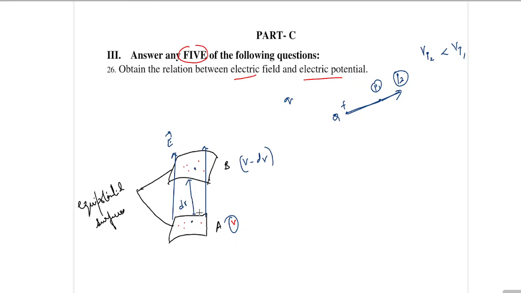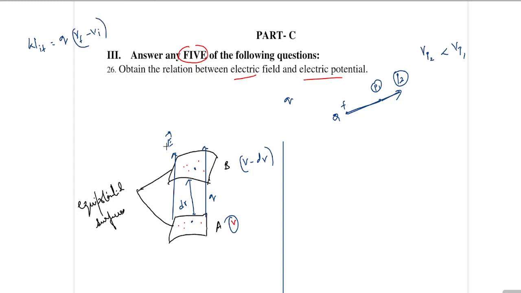Let us assume that we move a small charge Q from a point on surface A to a point on surface B. The general formula is that the work done to move a charge from an initial point to a final point is the charge moved into V final minus V initial.